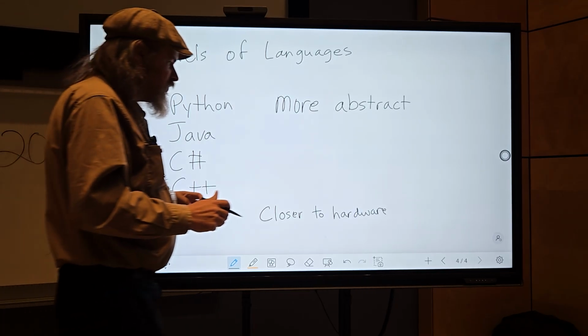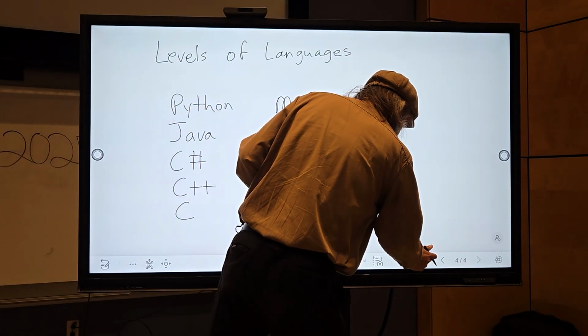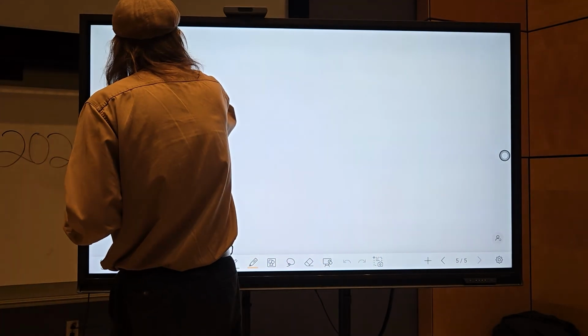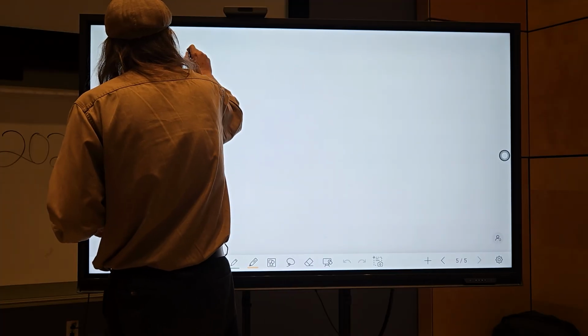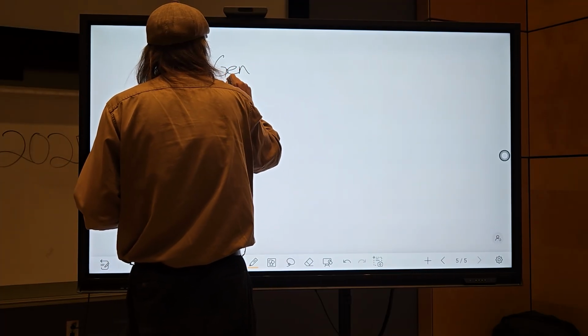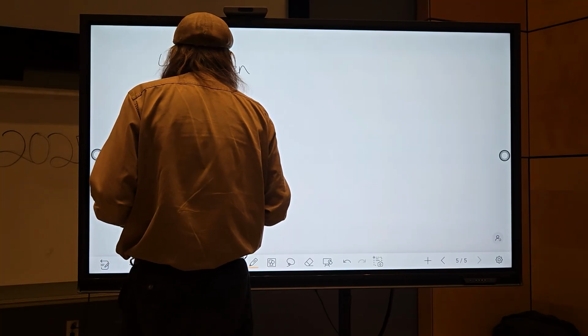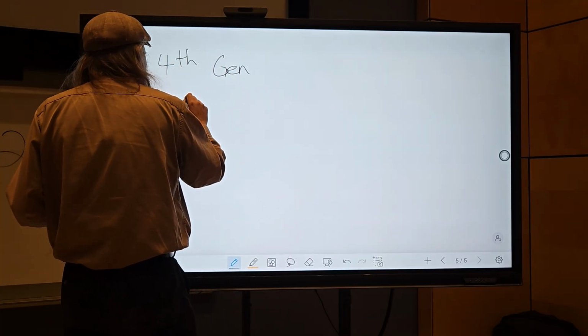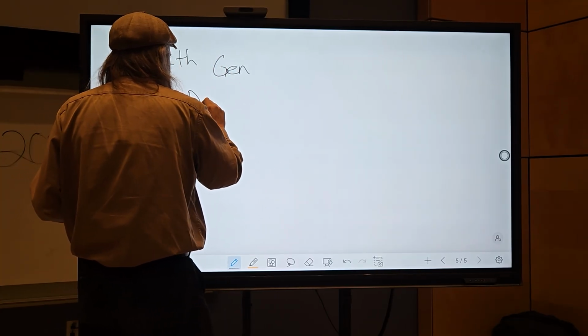Then we get into fourth generation languages. Fourth generation languages are domain specific.